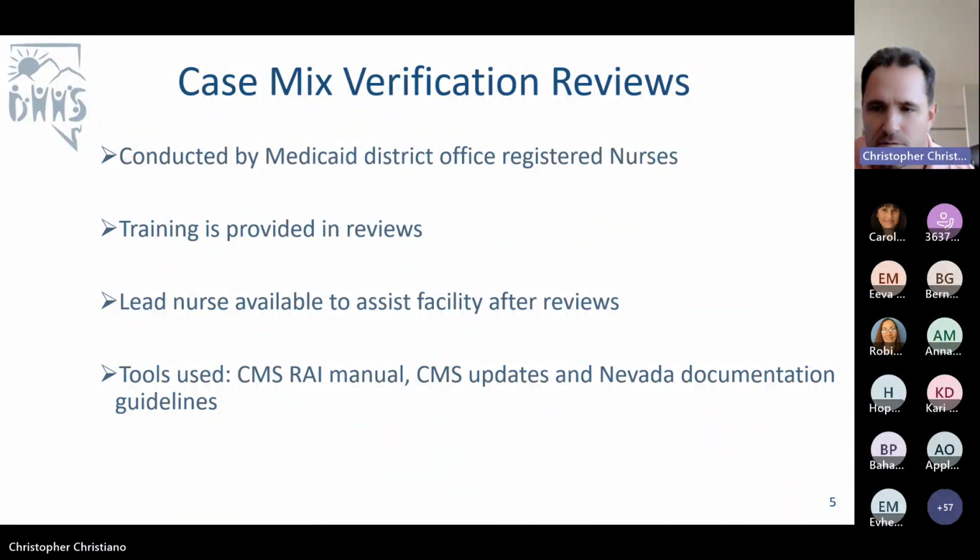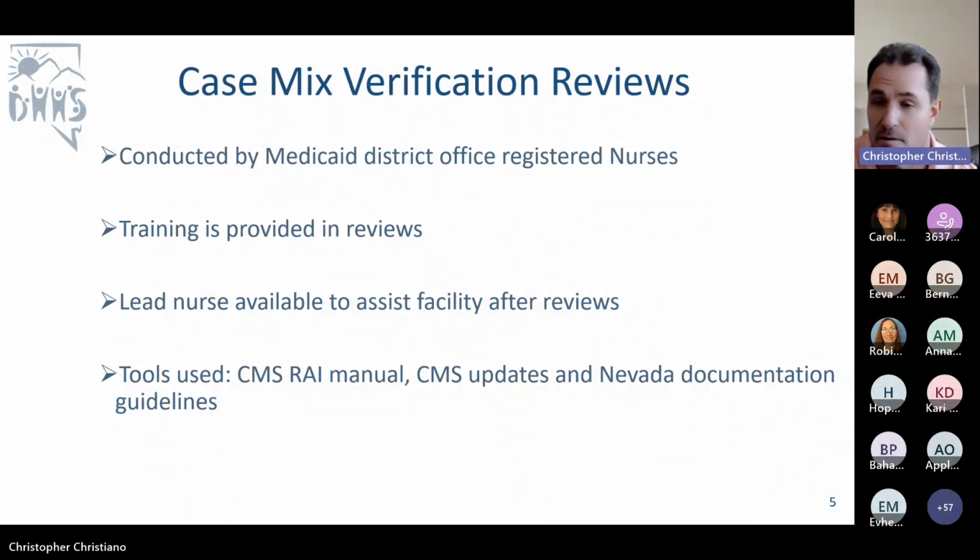So we base our reviews and errors we find on information that we find in our RAI MDS manual. And always we use the most current version updates that are provided by the CMS and also, even more importantly, the Nevada documentation guidelines, which we'll talk about more at the end of this presentation.